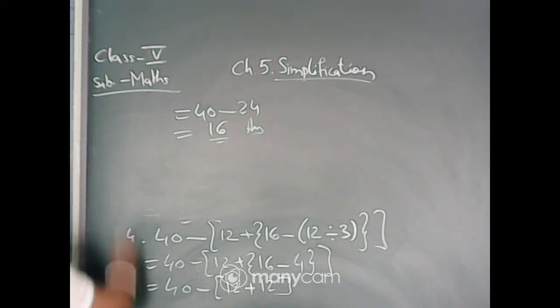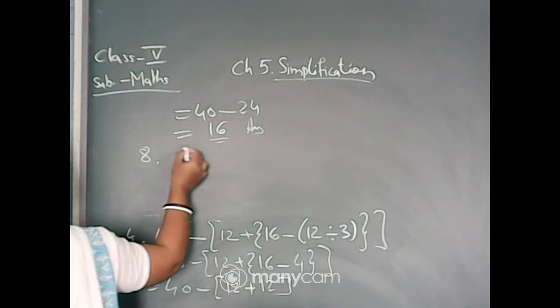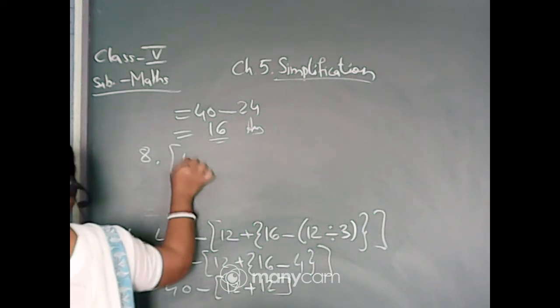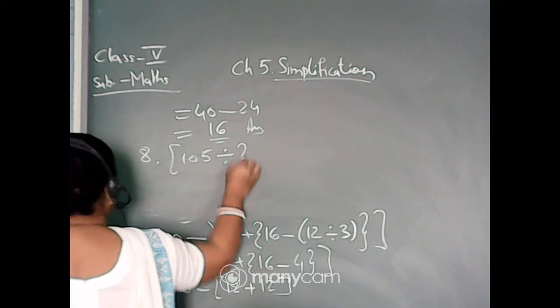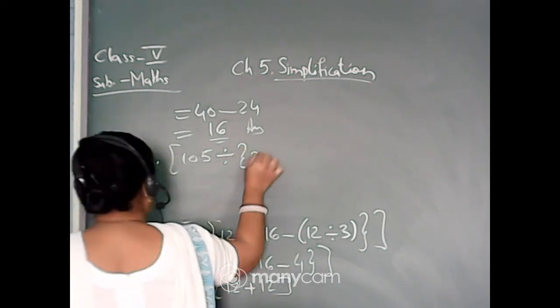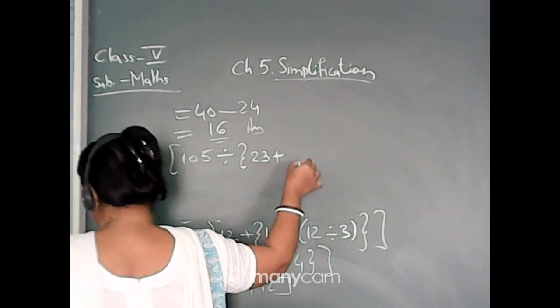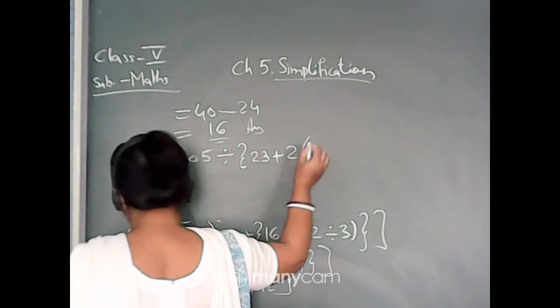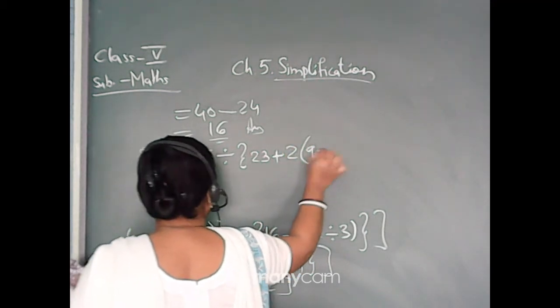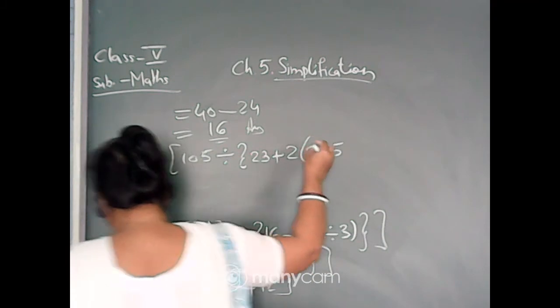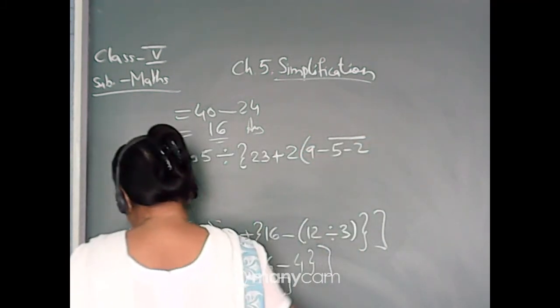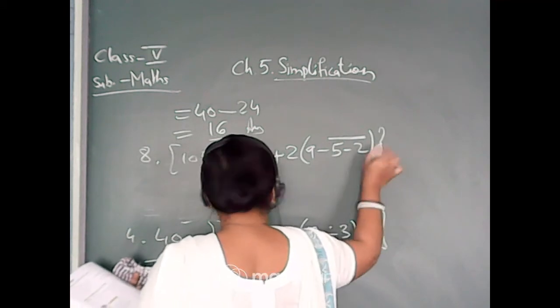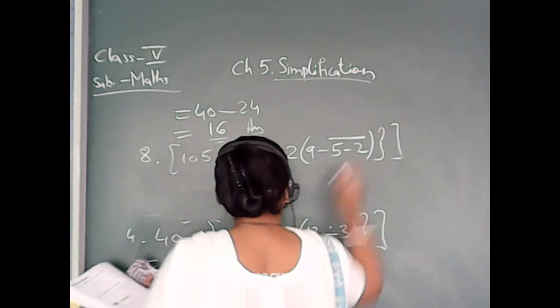Number 8. It is given big bracket 105 divided by curly bracket 23 plus 2 small bracket 9 minus 5 minus 2. Here 5 minus 2, the bar is there, so you will solve that one first. Okay, then close all the brackets.